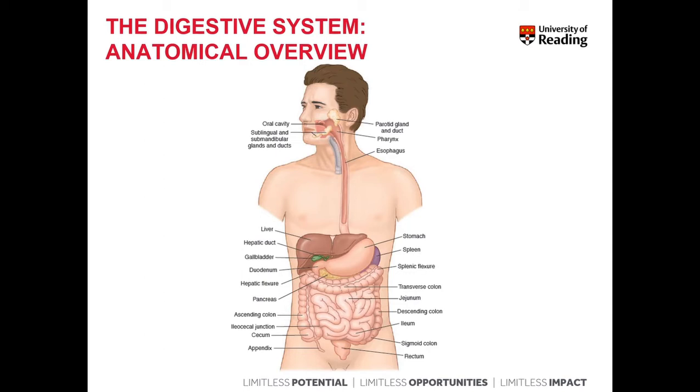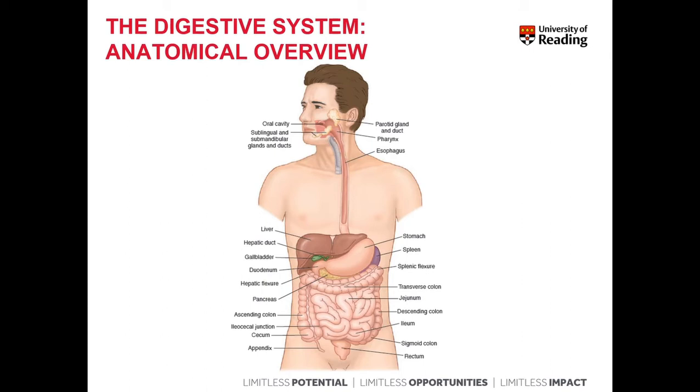Okay, so what is the gastroenteric tract? The gastroenteric tract is a pipe that starts from our mouth and it ends in our anus. And along the tract of this long pipe, there are glands that secrete substances inside of the pipe.